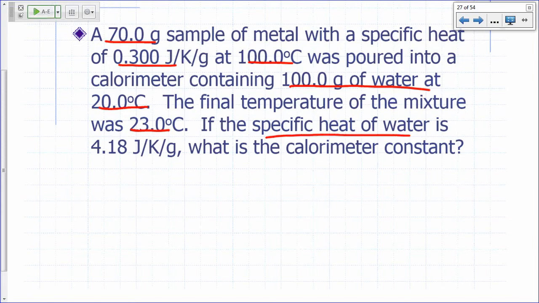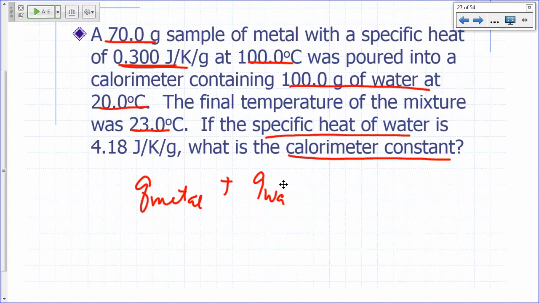So you know the specific heat of water, you know the specific heat of the metal, you can figure out the calorimeter constant. The way you do this is you say Q of the metal plus Q of the water plus Q of the calorimeter must be equal to 0. What's Q of the metal?